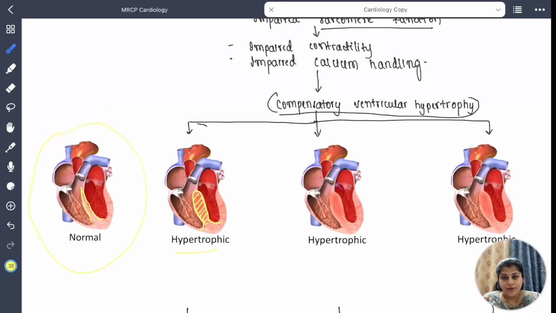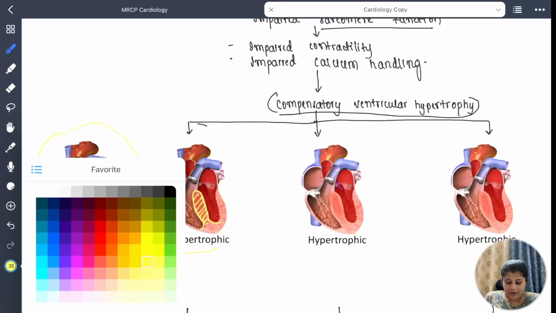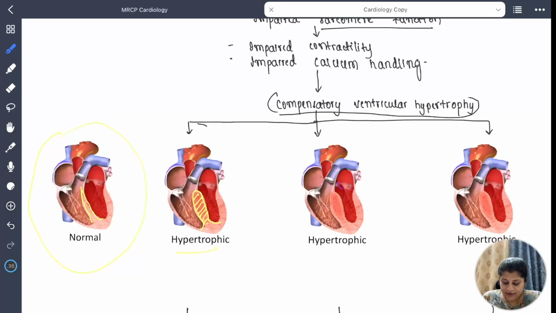This hypertrophy is not symmetric. This is asymmetric septal hypertrophy. The first thing that you will see is asymmetric septal hypertrophy.